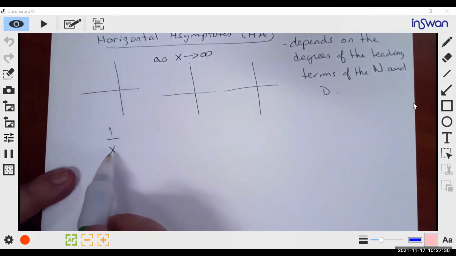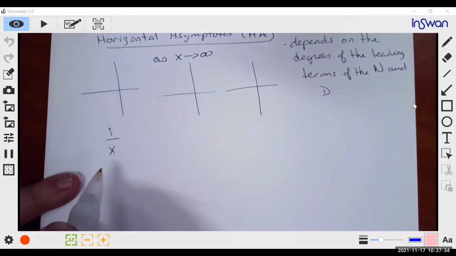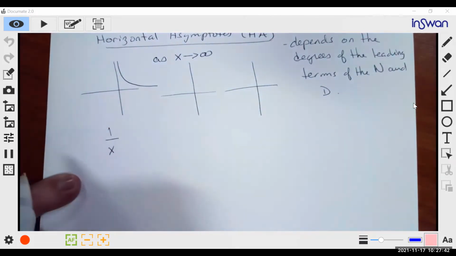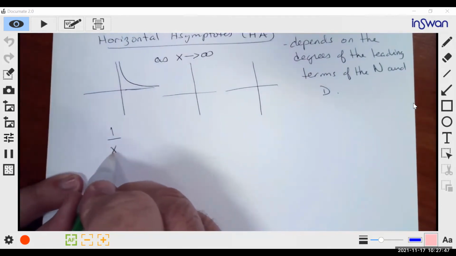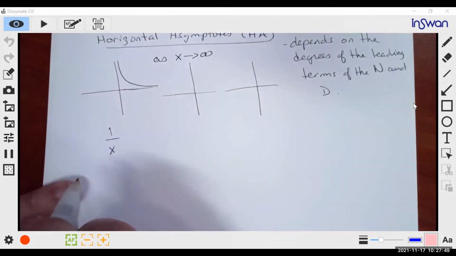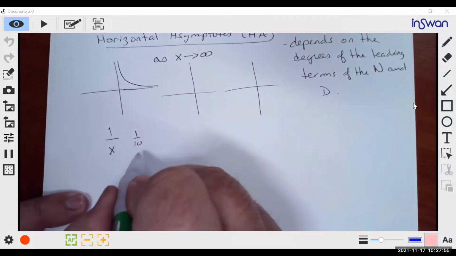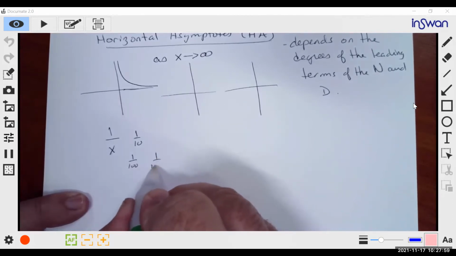So in this first graph, when x goes to infinity, what's it going to look like? It looks like this. The bigger x becomes, the smaller this whole number becomes. In other words, 1/10, 1/100th, 1/1000th.